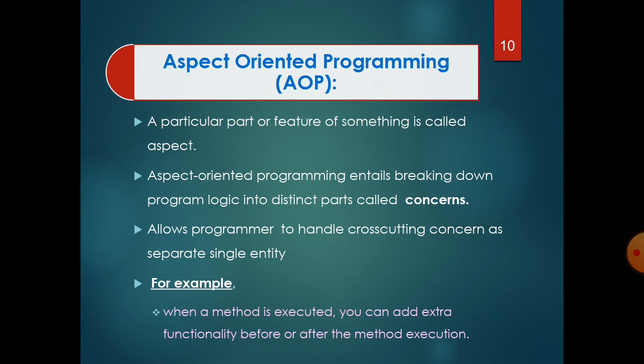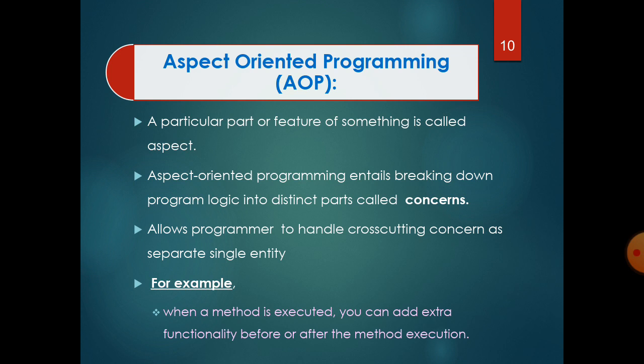So students, aspect oriented programming is different from object oriented programming in a number of ways. Aspects are different from classes because aspects can additionally include members like advice and pointcuts, which we will discuss later in our lecture.